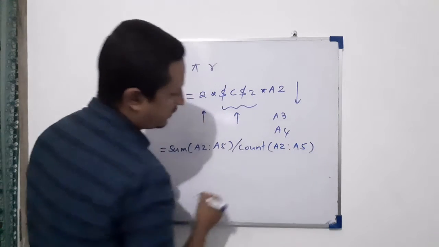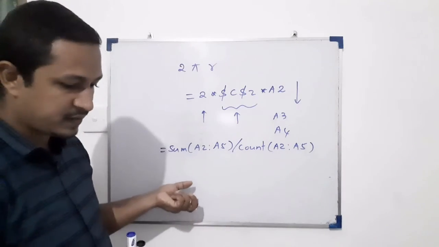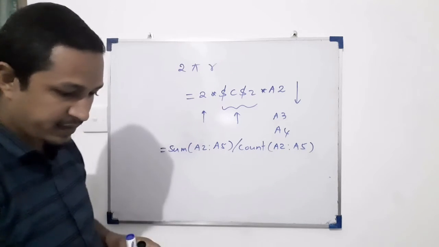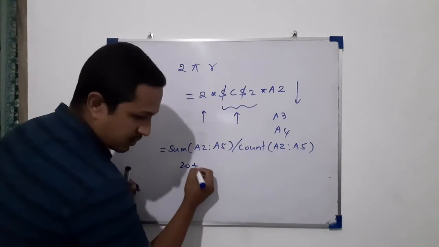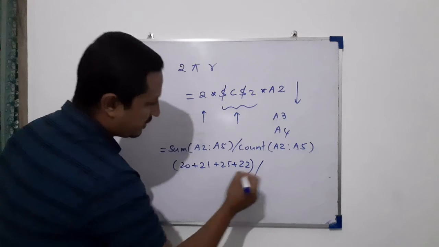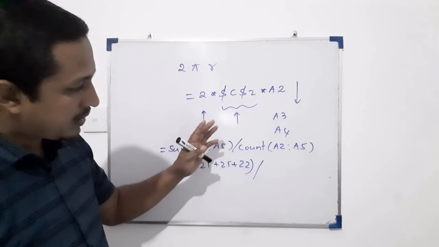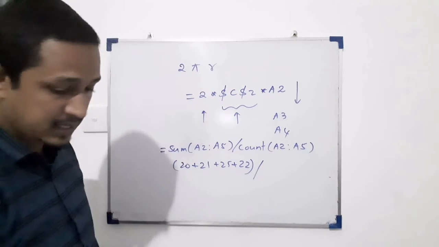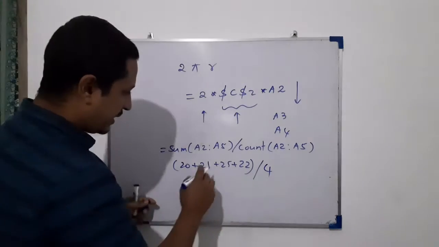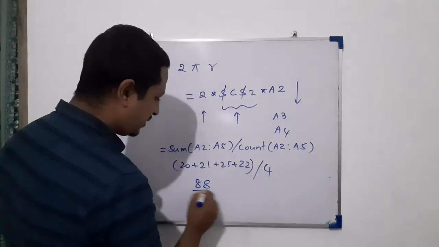(A2:A5), right? So sum will give the total of the cells which contain data from A2 to A5, that is 20 plus 21 plus 25 plus 22, and this should be divided by the count function, which will result in the number of cells which contain numbers, and it should be 4. 5, 2, 7 and 1 is 8. 2, 2, 2, 2 is 8, divided by 4.